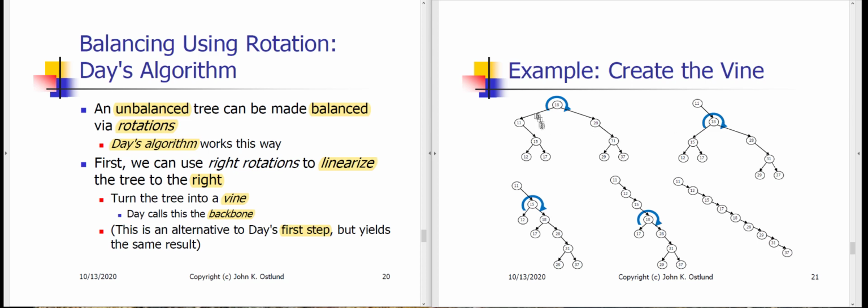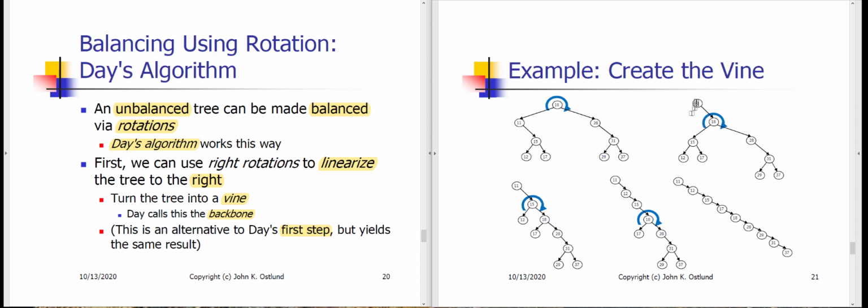And that's going to involve making 18 into the right child of the 11 and taking this subtree that used to be at the right of the 11, that's going to become the left of 18. And then this other subtree over here that was to the right of 18 is going to remain to the right of 18.